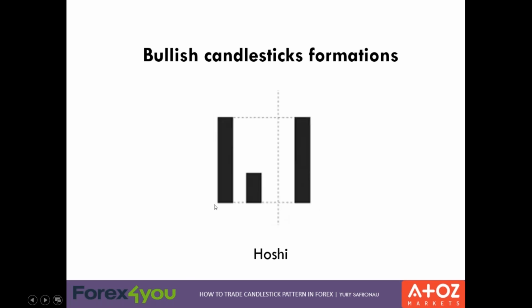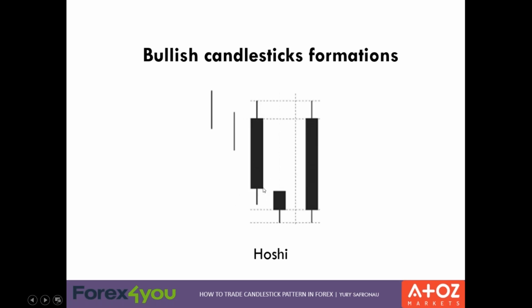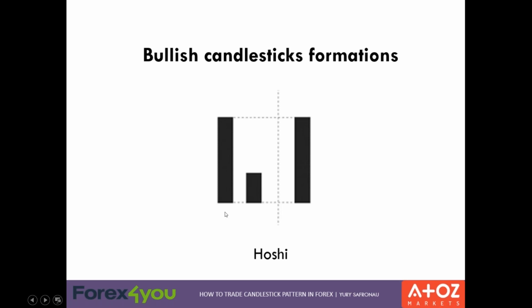Okay, another example of hoshi, but those hoshi candles don't have tails. In this case, there are tails. In this case, they don't. And what you see basically here is that the market moved from this point to a very significant support line.